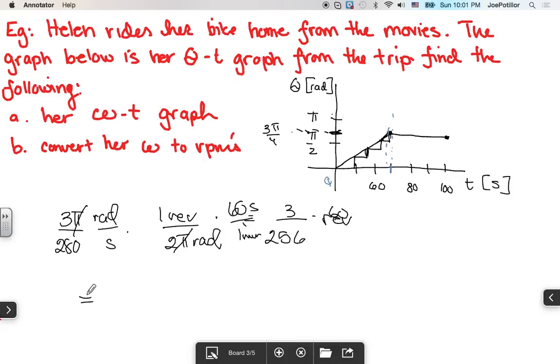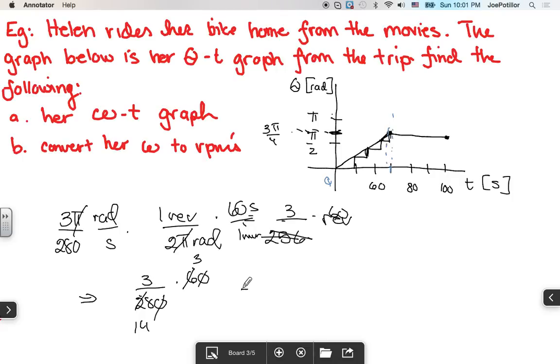So 3 times 280. That's not 256, by the way. That should be 560. And then 3 over 280 times 60. The 6's kill each other. And of course, 6 goes into that 3 times, and then 2 goes into that 14.